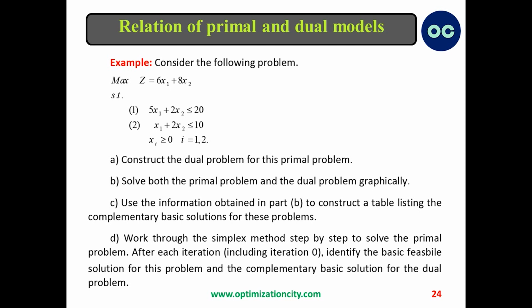In part C, we utilize the information from part B to create a table listing the complementary basic solutions for both problems. And in part D, we solve the simplex method for the primal model step by step. At each step, we find the basic feasible solution for primal and dual model.